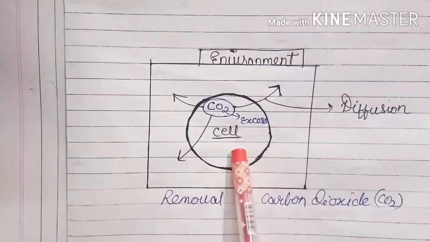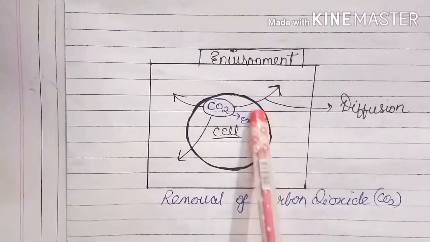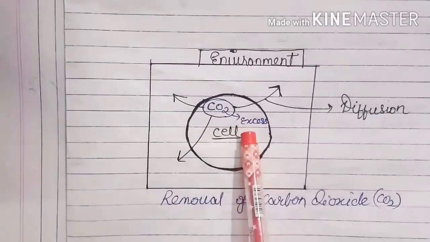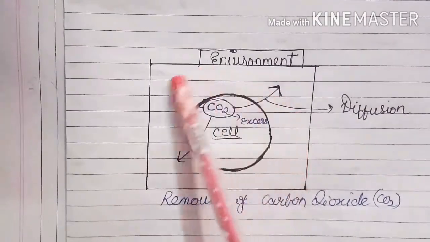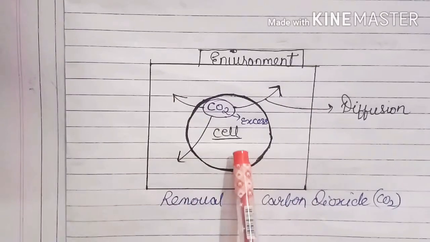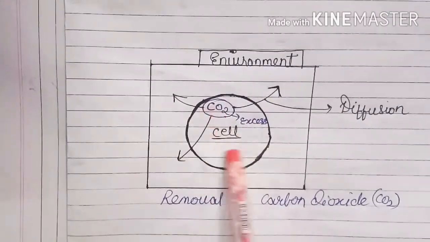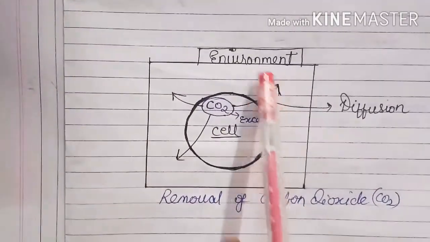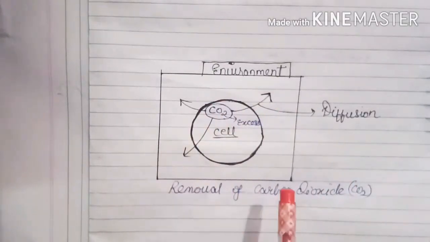So with the help of the diffusion process, the carbon dioxide present inside the cell in higher concentration moves towards the environment which has the low concentration of carbon dioxide. So in this also, the movement of carbon dioxide from a higher concentration to a lower concentration takes place. So this is the second example of diffusion.